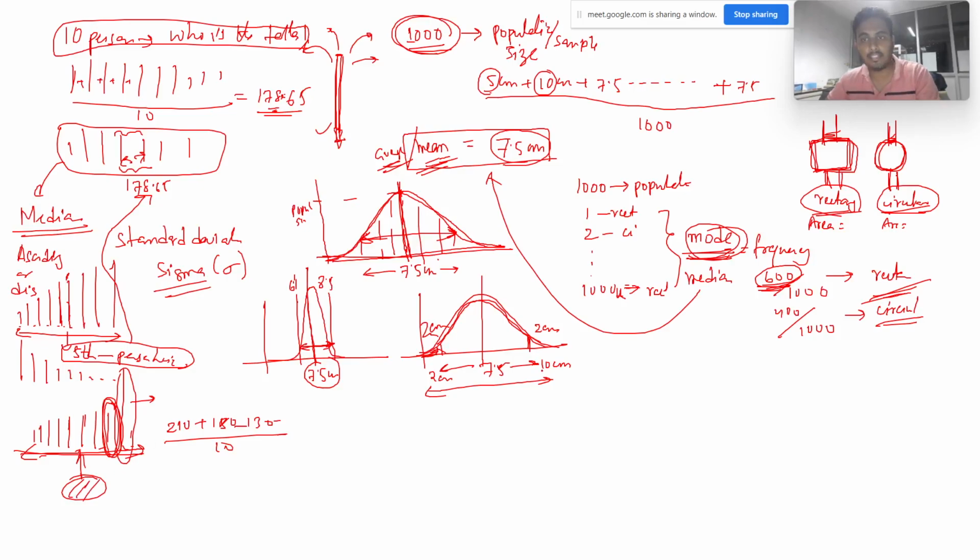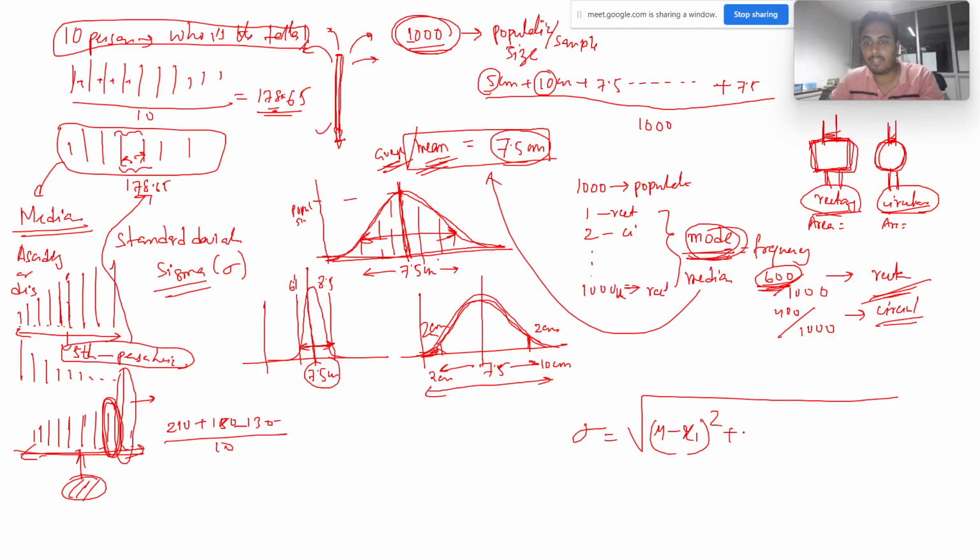So these are various ways you can measure the central tendency. And sigma, the standard deviation, you measure like this. You have mu, the mean, and you subtract it from a particular population or sample value.